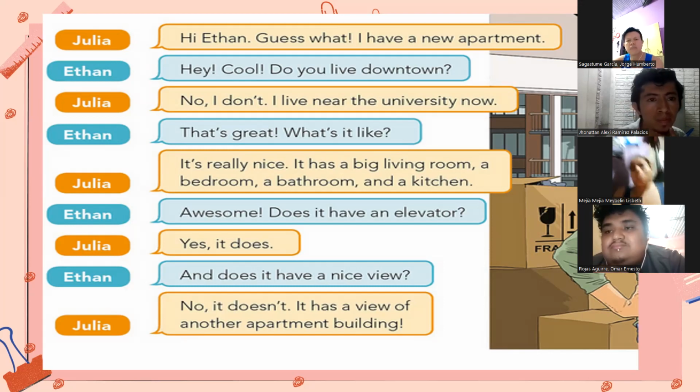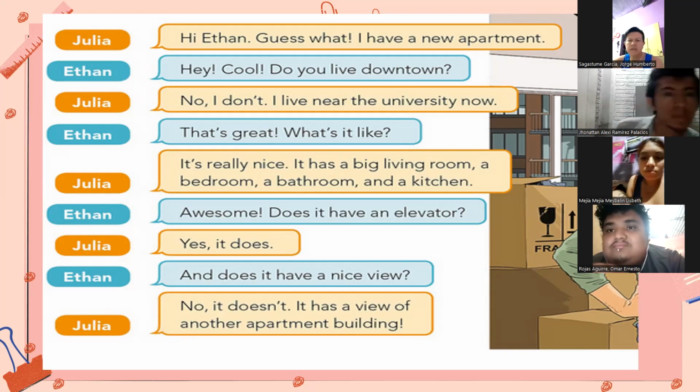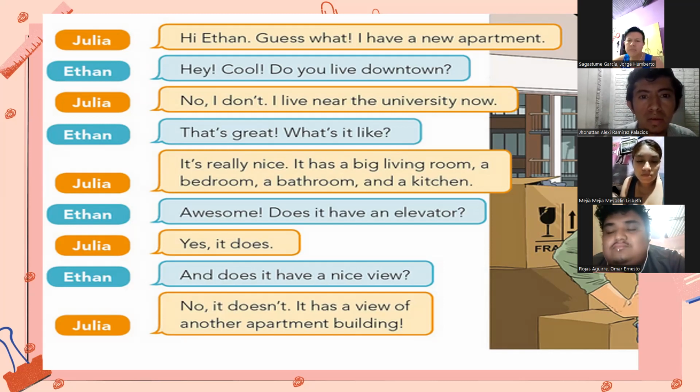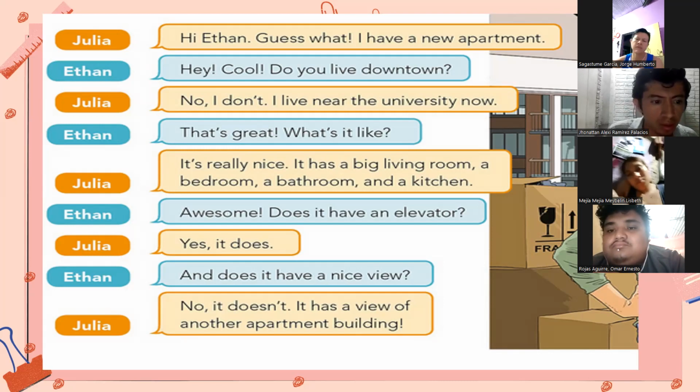It has a big living room, a bedroom, a bathroom, a kitchen. Awesome. Does it have an elevator? Yes, it does. And does it have a nice view? No, it doesn't. It has a view of another apartment building. Okay, thank you. Next is Jonathan and Marilyn.